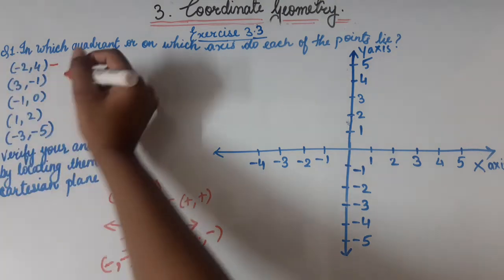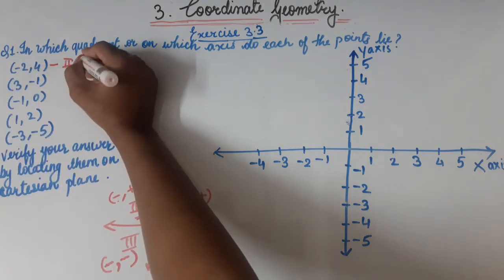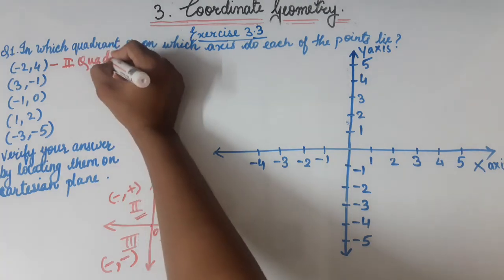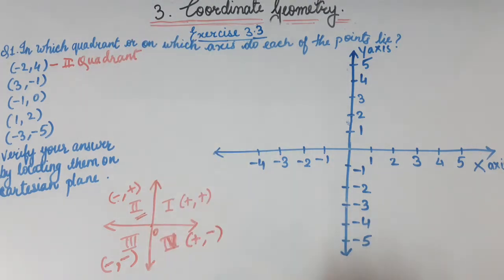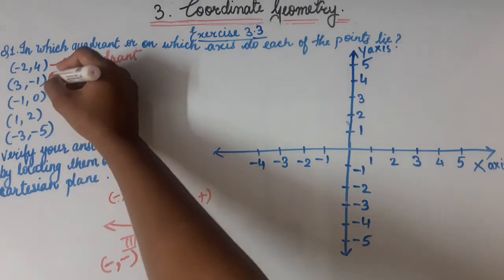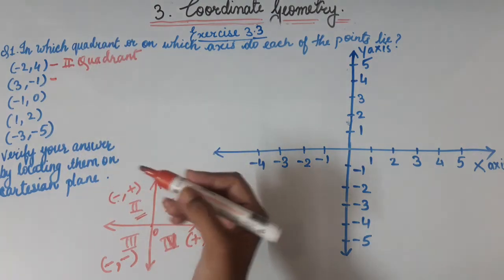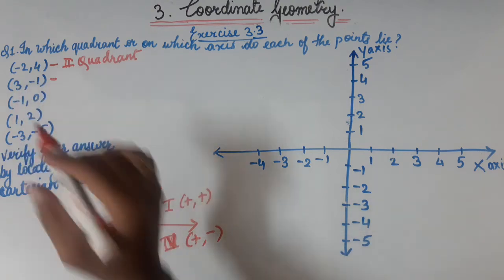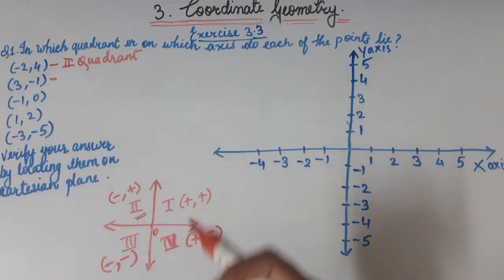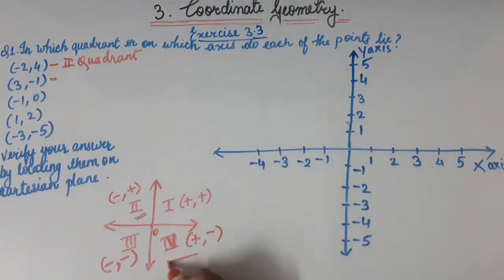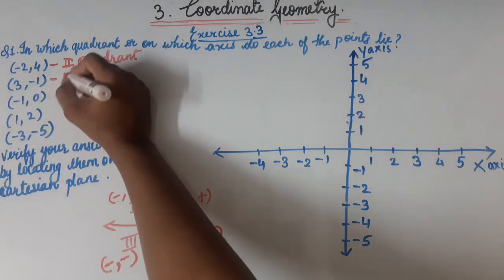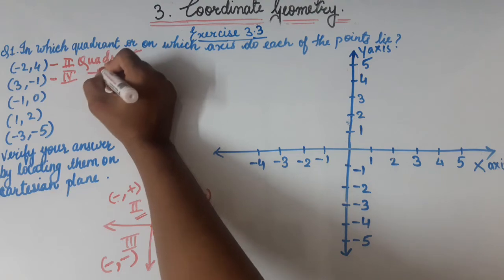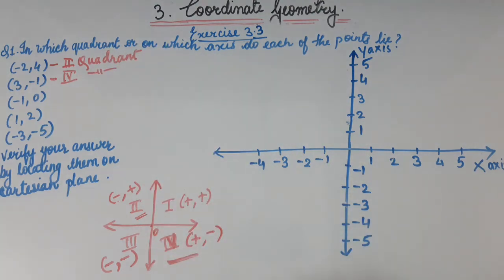So the first point lies in the second quadrant. Then the second point is 3 comma minus 1. x coordinate positive, y coordinate negative, that means to the right and below. Right and below is the fourth quadrant, plus minus convention. That point will lie in the fourth quadrant.